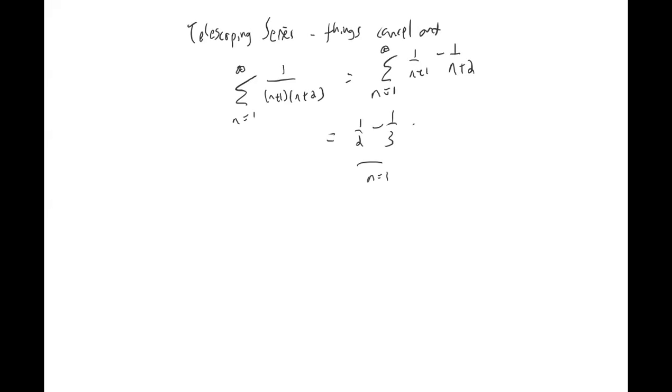Now when I plug in n equals 2, what do I get? When I plug in n equals 3, what do I get? Do you all see what's happening? Sorry, 3.